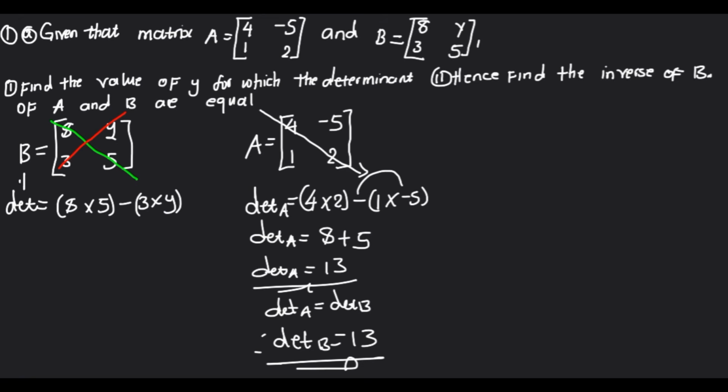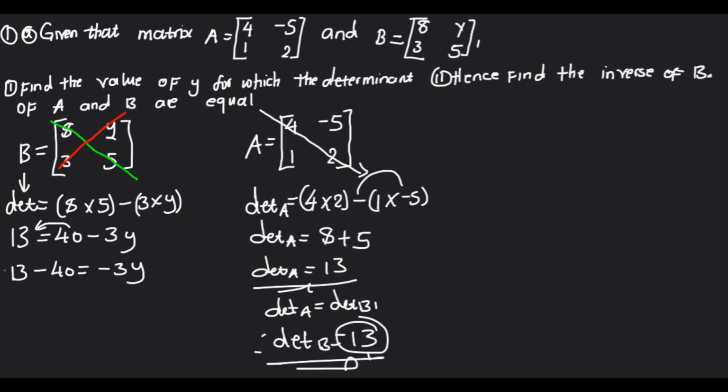Now, where there is determinant, we substitute with 13 is equal to 8 times 5 is 40 minus 3 times Y is 3Y. So let's collect the like terms. The like terms are 13 and 40. So the 40 will shift to this side, giving us 13 minus 40 is equal to negative 3Y.